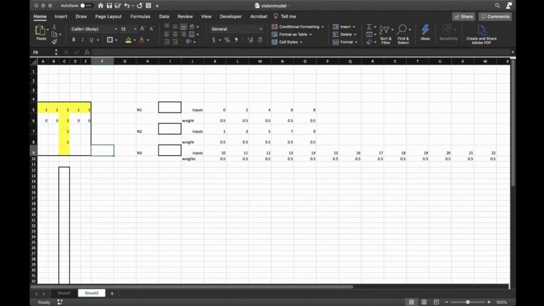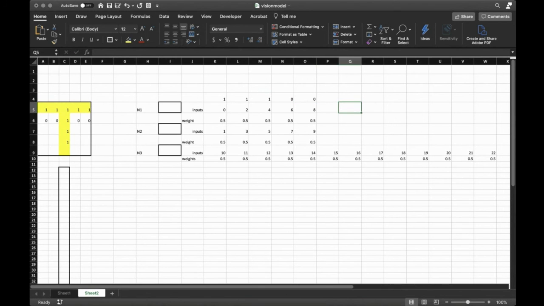So it pays attention to square 0, which is this one, and so I'm going to write the value up here. So that's a 1. It pays attention to number 2, which is this one. So that's a 1. It pays attention to number 4, which is this one. So that's a 1. It pays attention to number 6, right? 0, 1, 2, 3, 4, 5, 6. That's a 0. And it pays attention to number 8, 7, 8, which is a 0.